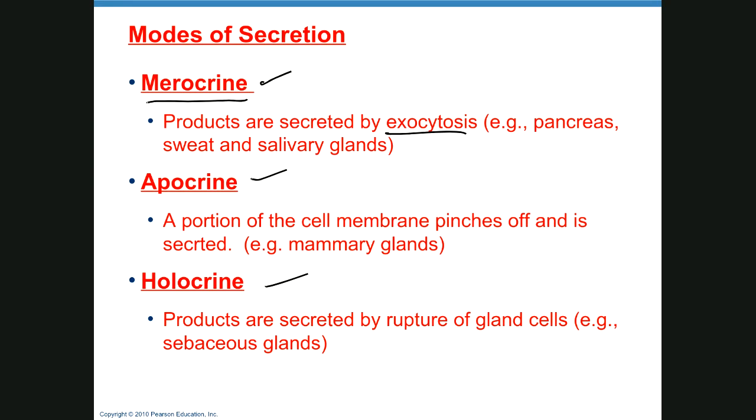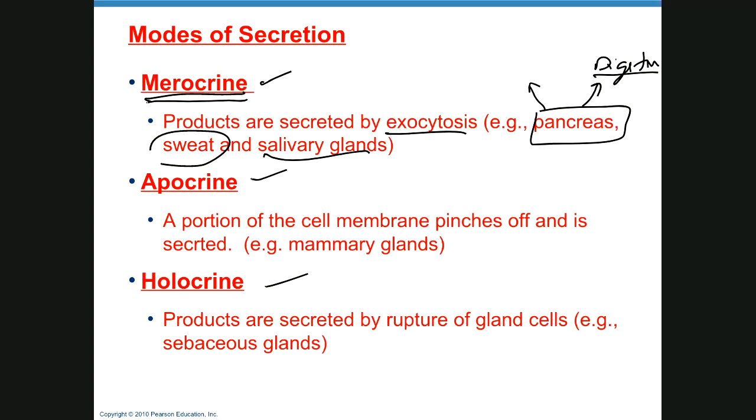Examples of merocrine glands include sweat glands, salivary glands, and the pancreas. And just as a little note, remember the pancreas belongs to two organ systems. The exocrine function of the pancreas is to secrete digestive enzymes through a merocrine mode of secretion.